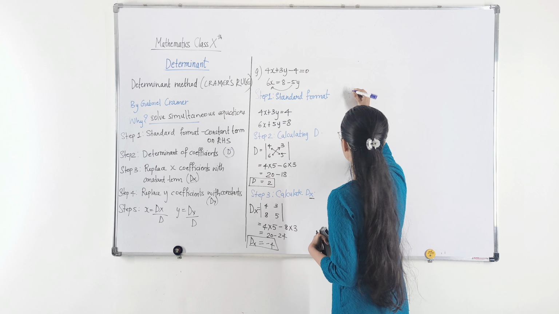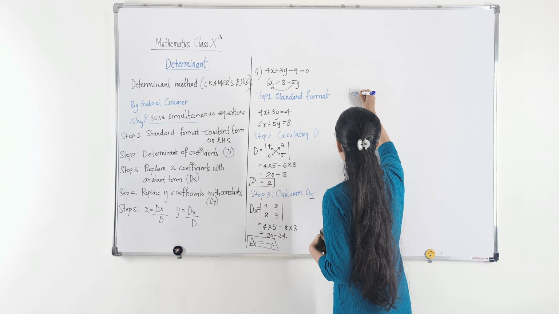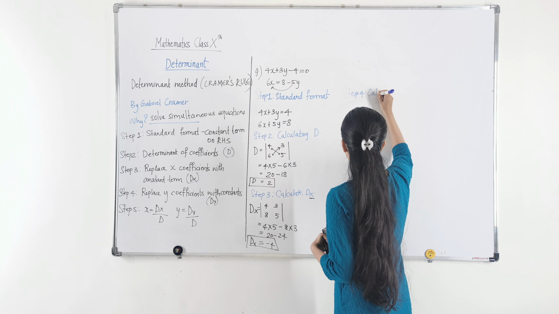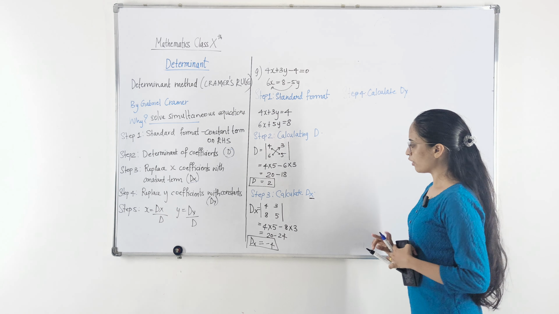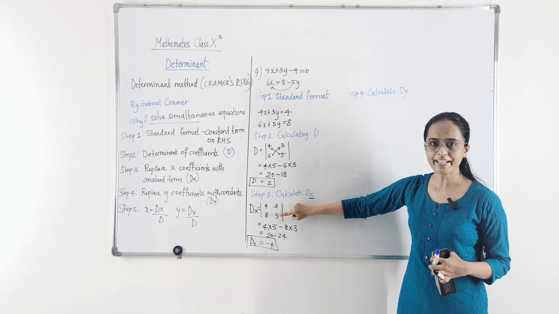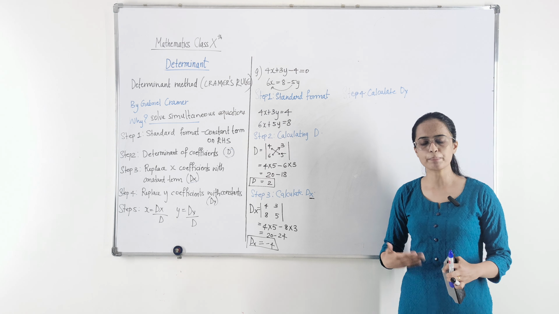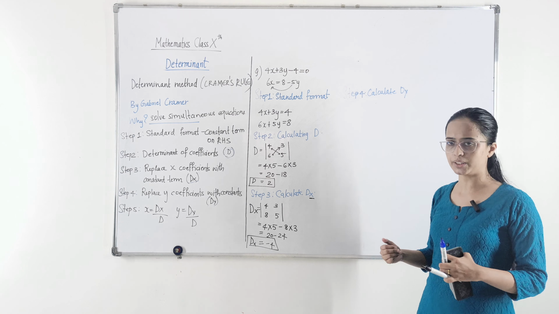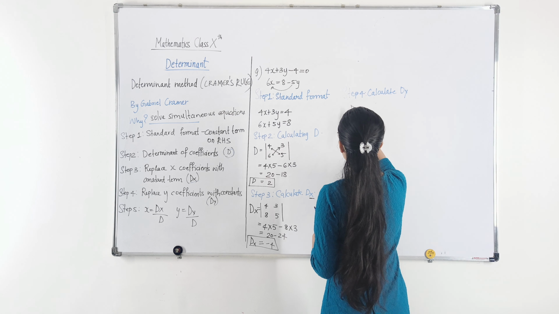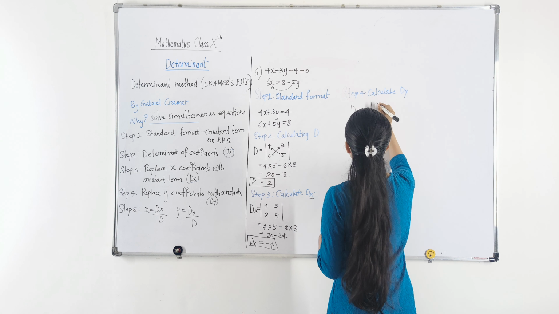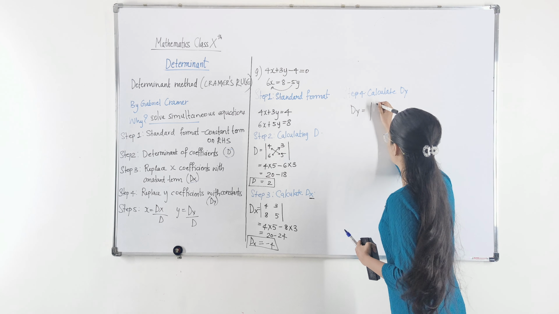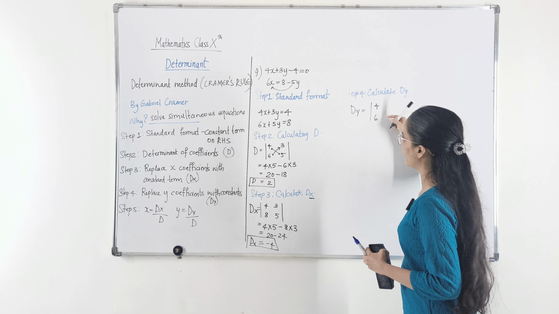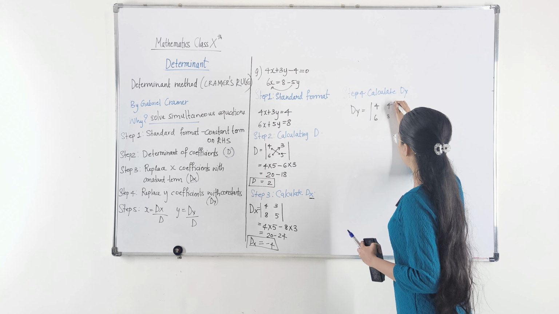Similarly, now your step number 4 is calculating dy. If your dx is replacing the x coefficients, then your dy would be replacing the y coefficients with the constant terms. So in order to write the determinant for dy, you're going to keep the x values the same. So you would be writing the x coefficients 4 and 6 and replacing the y coefficients with the constant terms.